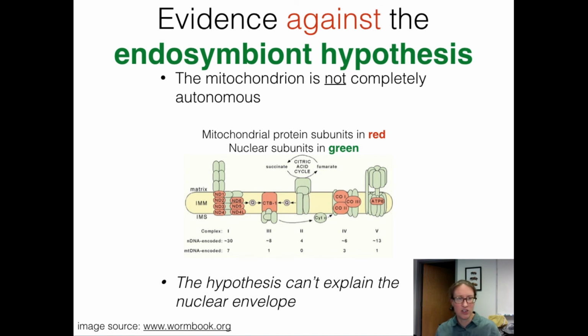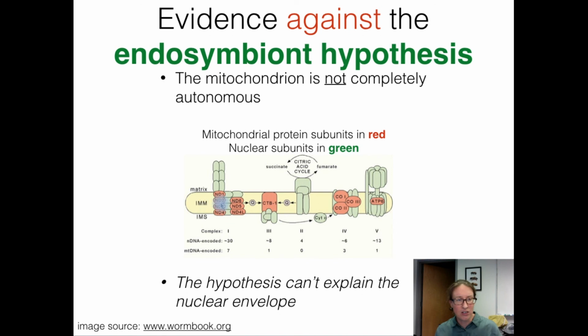So one big challenge is that organelles such as the mitochondria are not completely autonomous, in other words, not completely independent from the nucleus and the rest of the cell they're found in. To show this, here is an illustration of a set of really important central proteins found in a membrane inside the mitochondria.